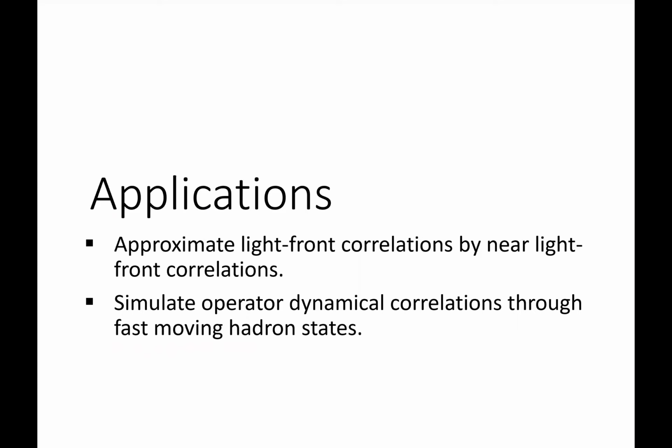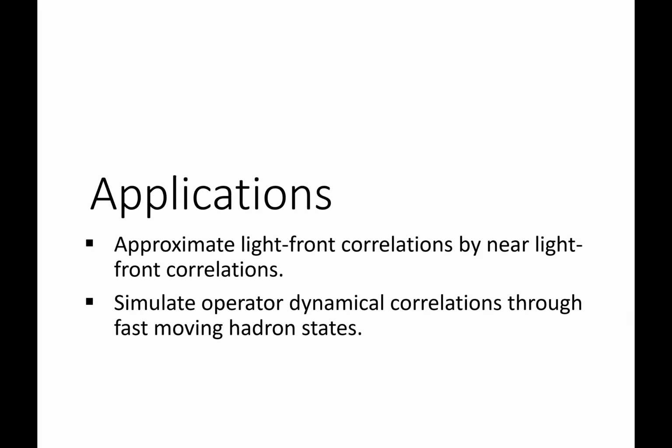There is some bottom line in these applications. First of all, you approximate light front correlations by near light front correlations. So getting off the light cone is the message. Working on a light cone is very, very difficult, at least non-perturbatively, and I know people doing perturbation theory love the light cone. But you need to get off the light cone.